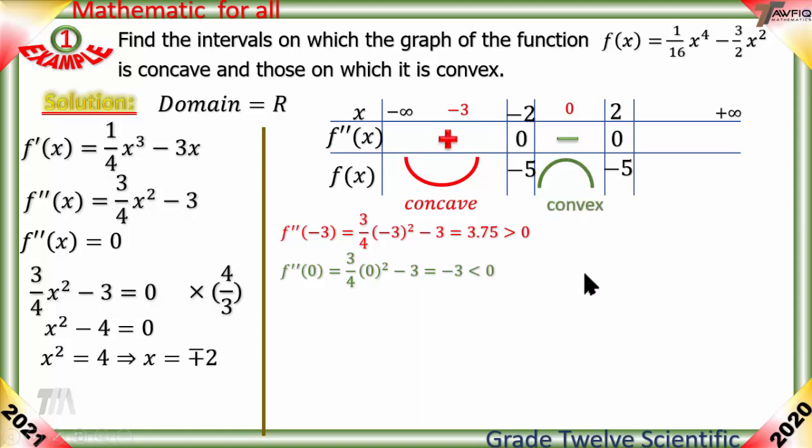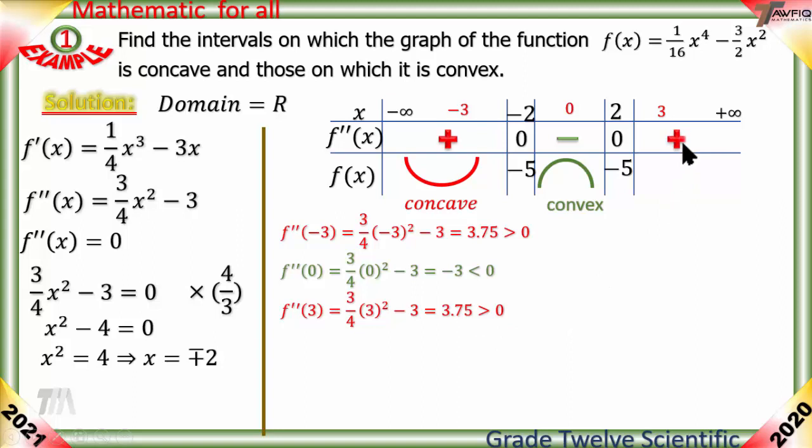And now let us take a number bigger than 2, let it be 3, and replace it in the second derivative. f double prime of 3 is equal to 3 over 4 times 3 squared minus 3, which is equal to 3.75. It is bigger than 0.